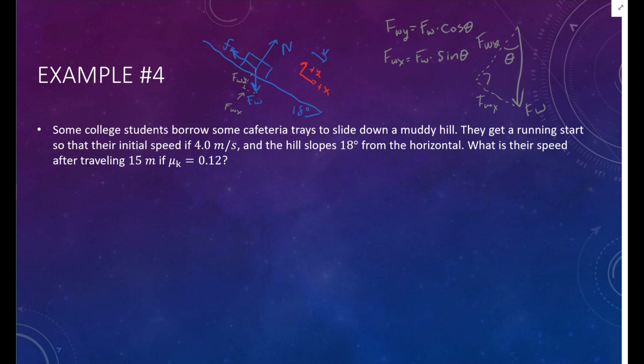So we're looking at what is the speed. We're looking for their final speed. We're given our initial speed. We're given our delta x. We're given mu sub k. What are we missing to find what we need here?